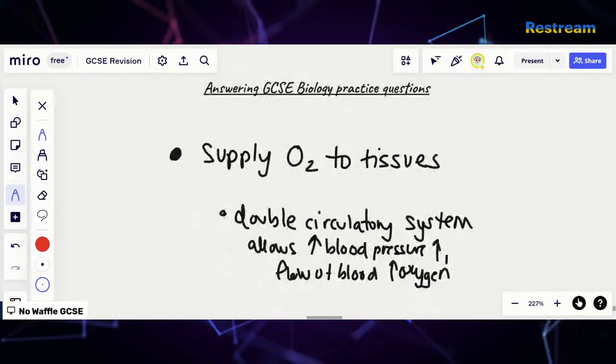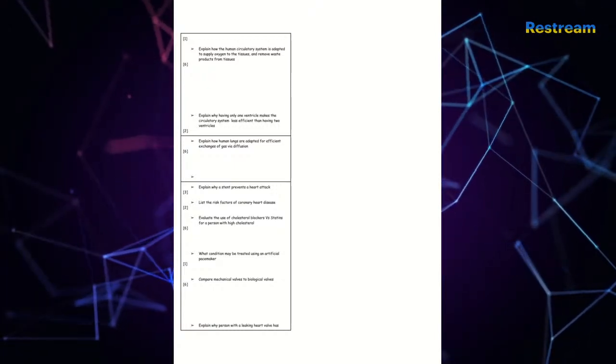Now let's look back a bit at what the question said again. Explain how the human circulatory system is adapted to supply oxygen to tissues. So we've talked about how it allows higher blood pressure and greater flow of blood.